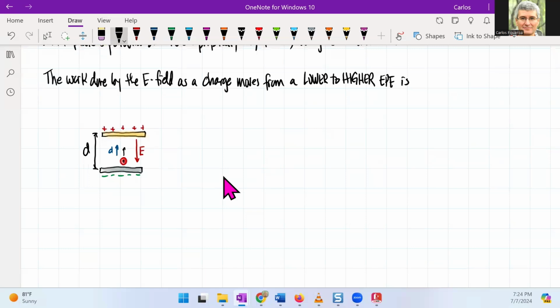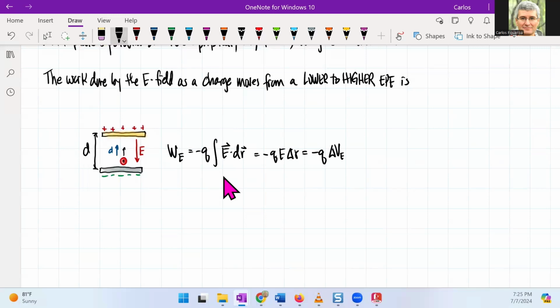So if I calculate the work done, the electrical work is minus Q, the integral of E dot dr. And of course, for a constant field between parallel plates, this will be minus QE delta R. But according to the work energy theorem, this is minus Q delta V electric.